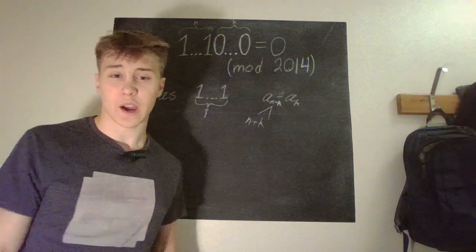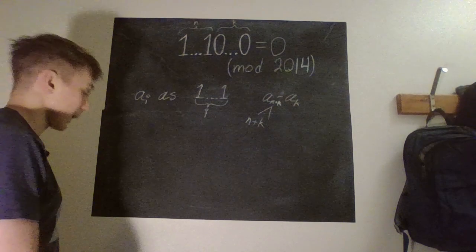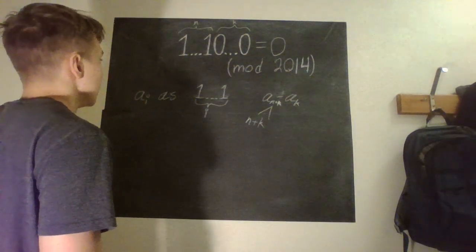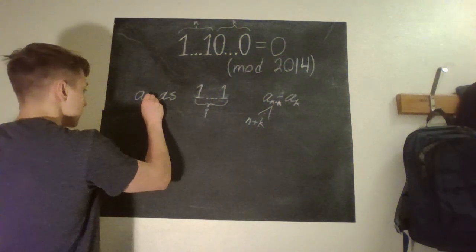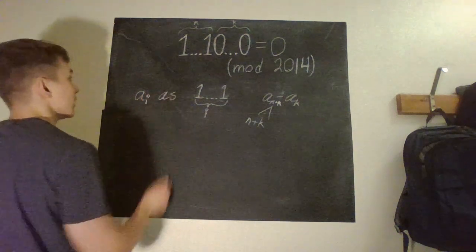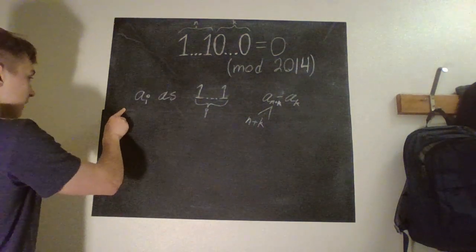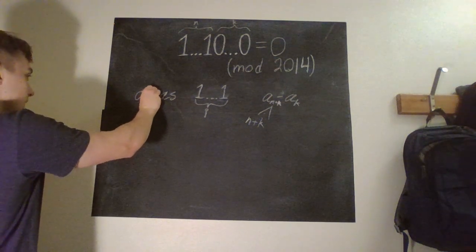So now, okay, how do we use the pigeonhole principle for this? Well, we start by denoting every number filled with only ones as a_i.